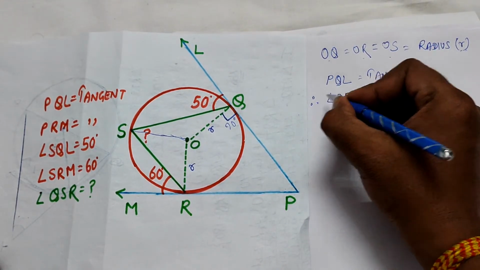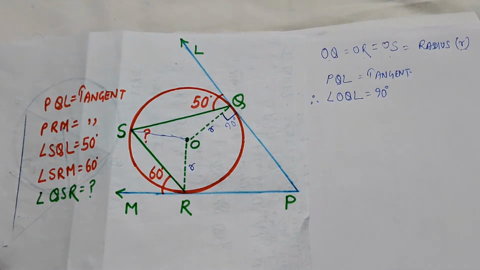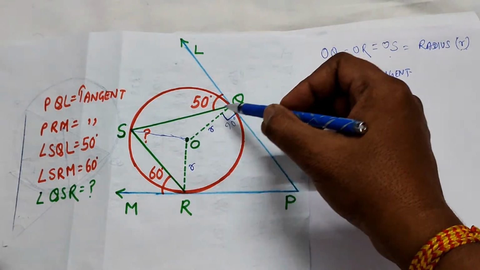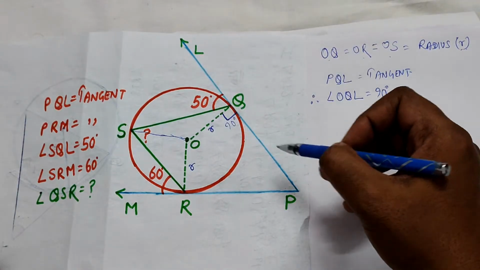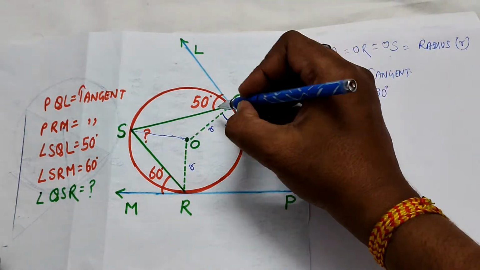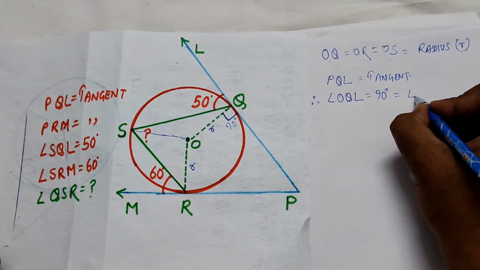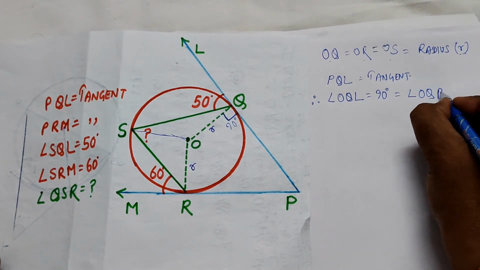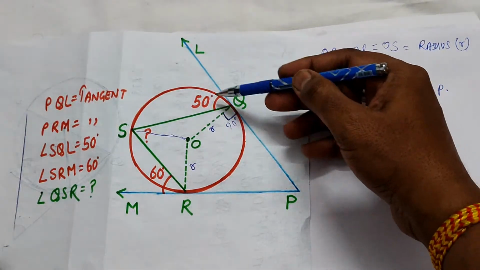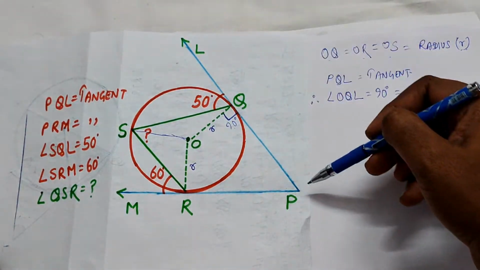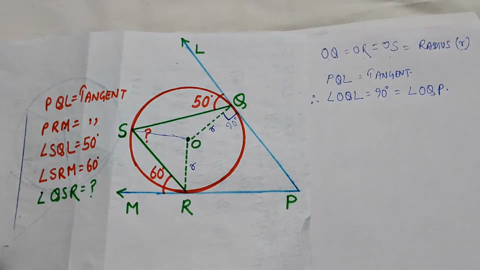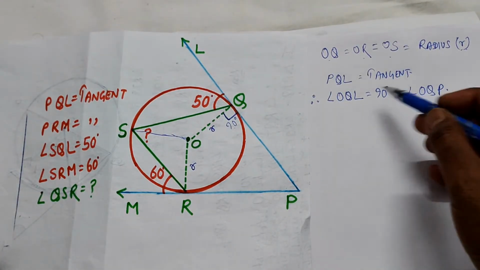Since tangent, then only OQL is 90 degrees. If this OQL is 90 degrees and OQP is 90 degrees, don't get confused, because both are 90 degrees, because PQL is a straight line, and when 90 will add up, this will give you 180, right?